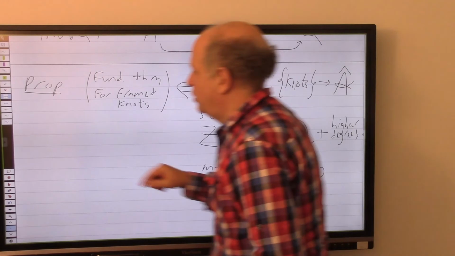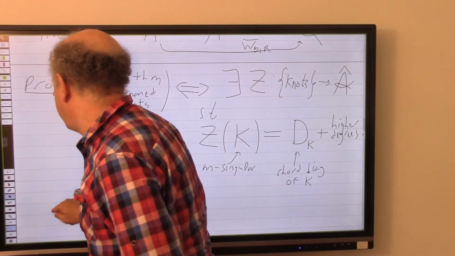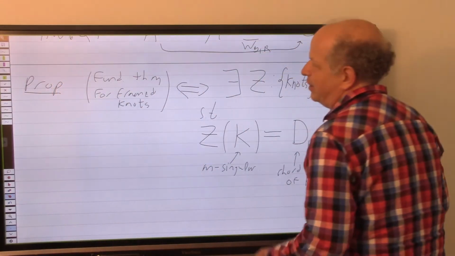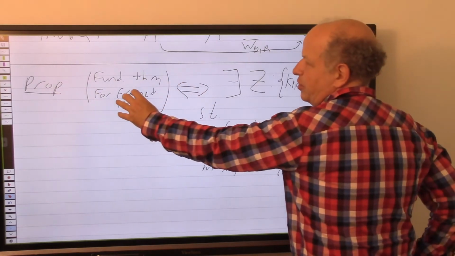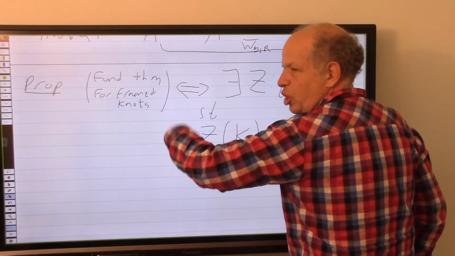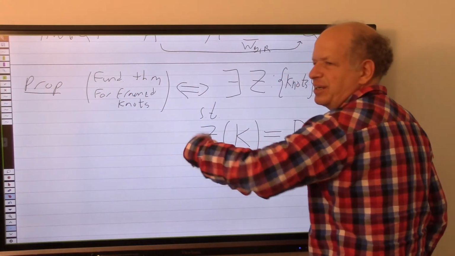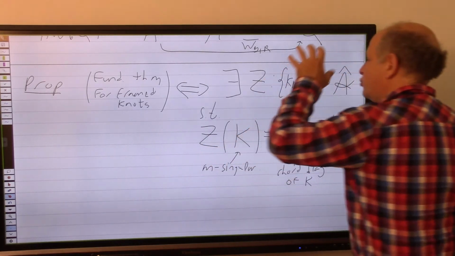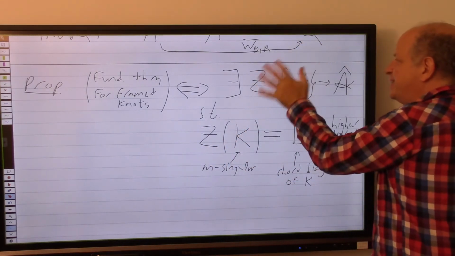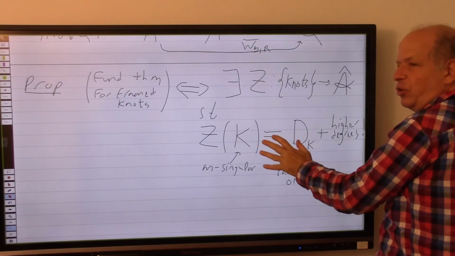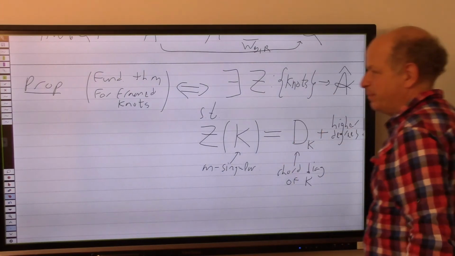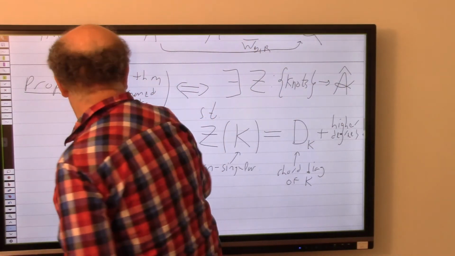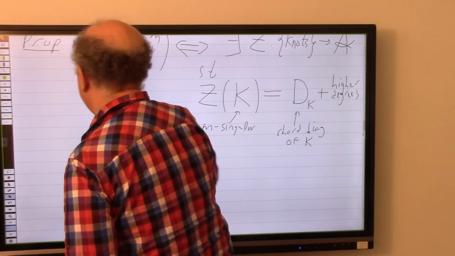Okay? And in practice, the way the fundamental theorem is proven is you don't show that every weight system comes from an invariant, you just construct in bulk one single invariant that does it all. Okay? So, but why is this true?